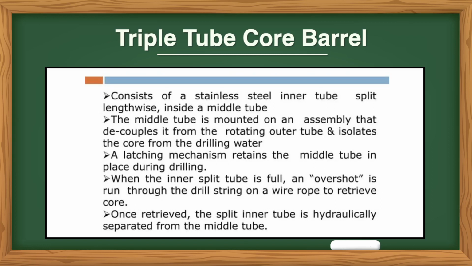It consists of a stainless steel inner tube split lengthwise inside a middle tube. When the inner split tube is full, an overshot is run through the drill string on a wire rope to retrieve the core. Once retrieved, the split inner tube is hydraulically separated from the middle tube.